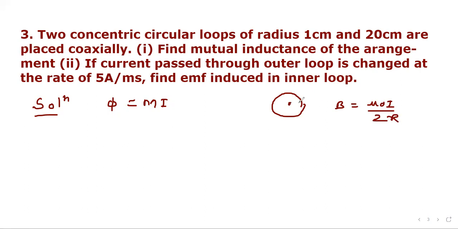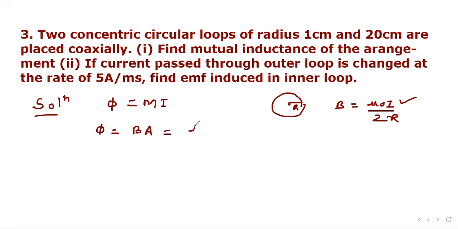Suppose the radius is capital R. So we find out phi equal to B times A. B is this much and the area will be pi r square.